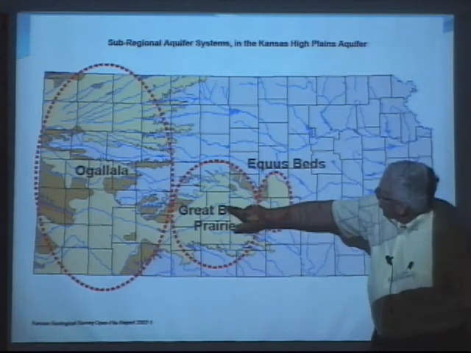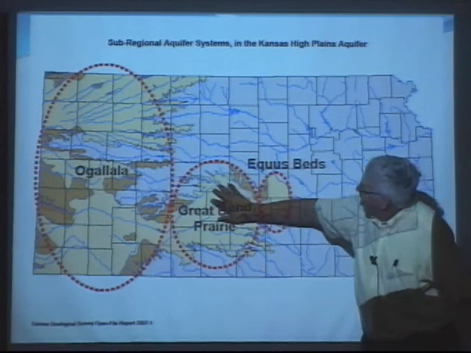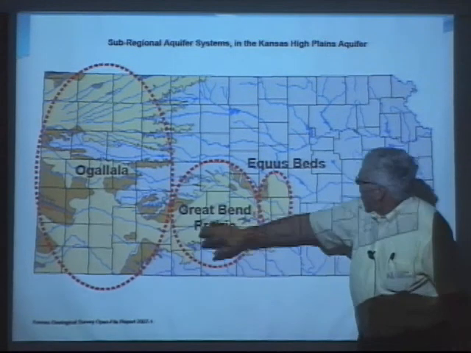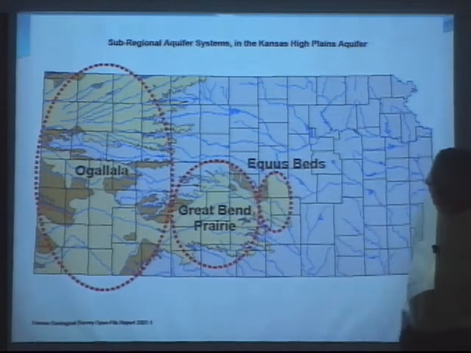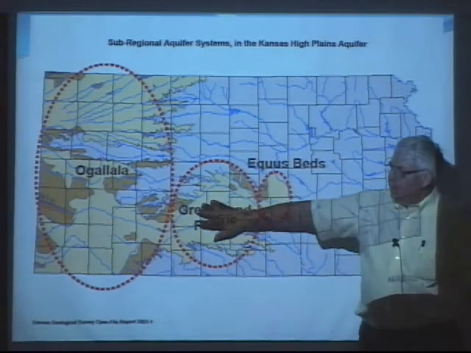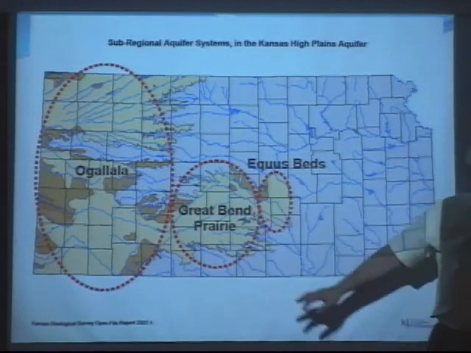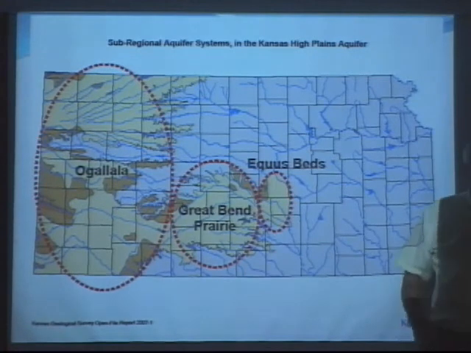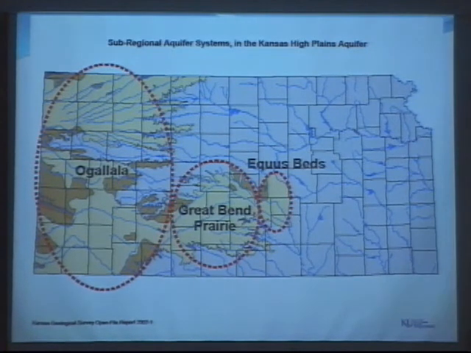This area from, say, Dodge City to Great Bend, nearly to Hutchinson or so, is connected to the Ogallala Aquifer, but it's actually a little bit different geologically. The time that it was actually created was in a different geologic period.